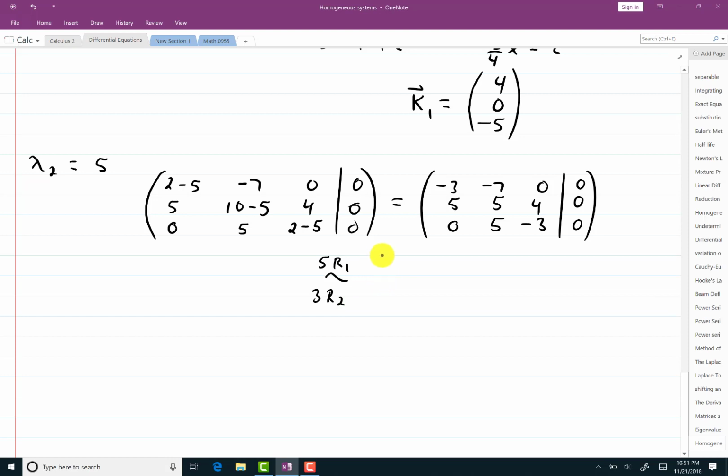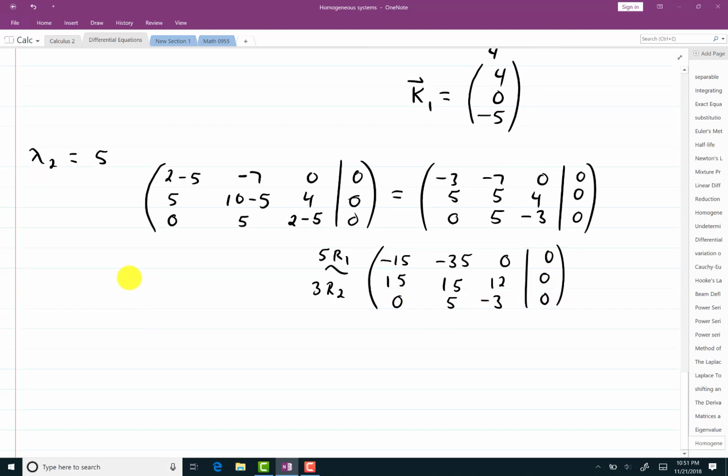The reason I'm doing that is so that they're compatible for adding, and I'll be able to cancel out the x portion. So when I do this, I'll have negative 15, negative 35, 0, and then 15, 15, 12, 0, 5, negative 3.